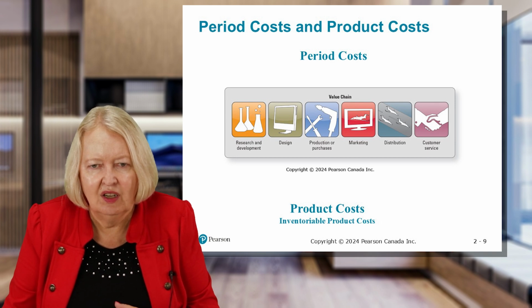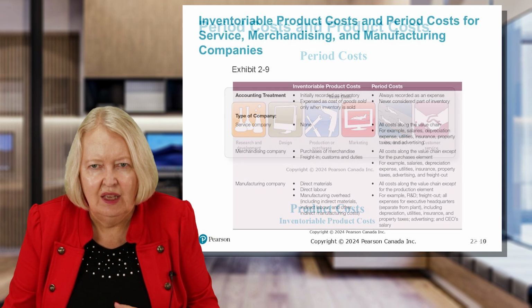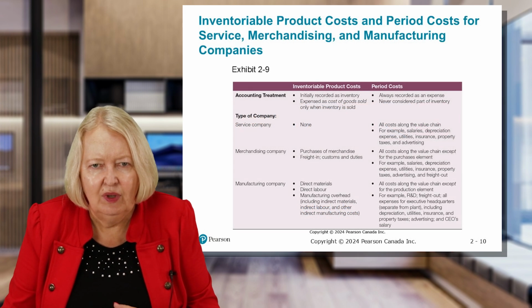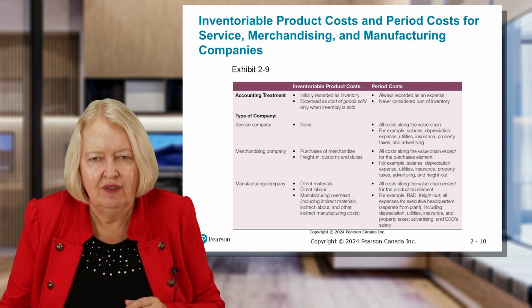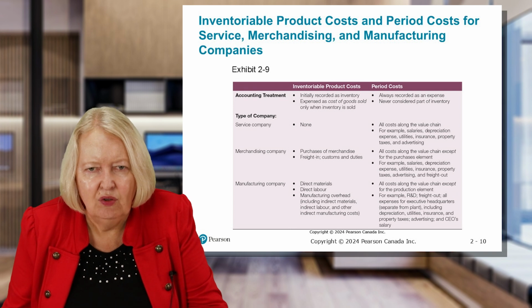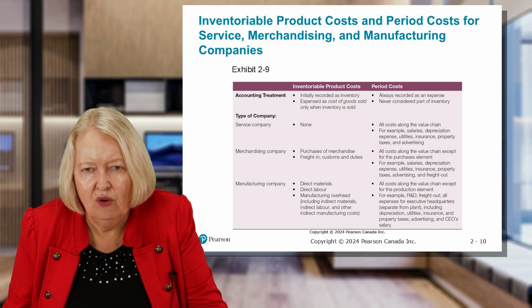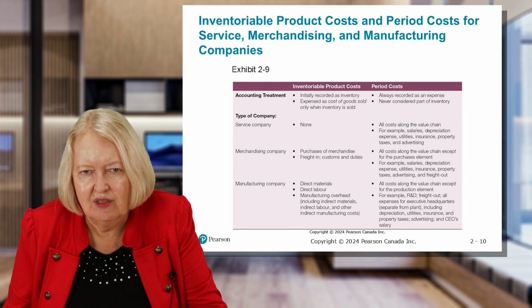Period costs also continue along the value chain. So period cost versus product cost is the next category we want to look at. When you're looking at period cost, for a service company, there's no inventoriable product cost.